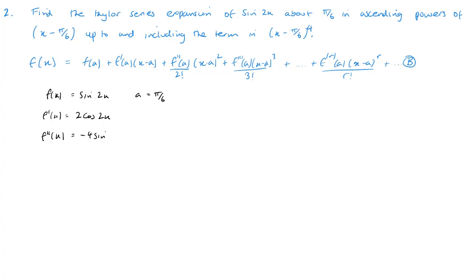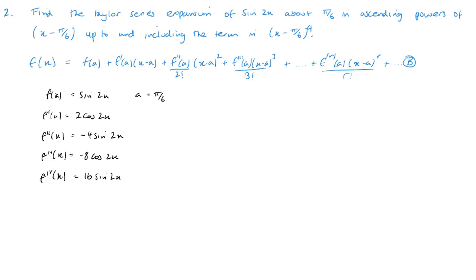Sorry about that, there we are. And this is going to be sine differentiates to cos, so this is going to be minus 8 cos 2x, and then we get back round to sine, this is going to be 16 sine 2x.